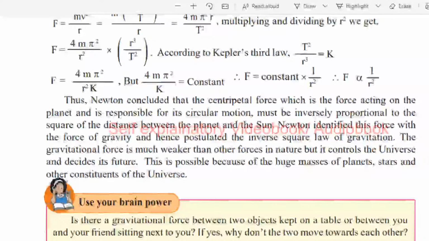The gravitational force is much weaker than other forces in nature, but it controls the universe and decides its future. This is possible because of the huge masses of the planets, stars, and other bodies that constitute the universe.